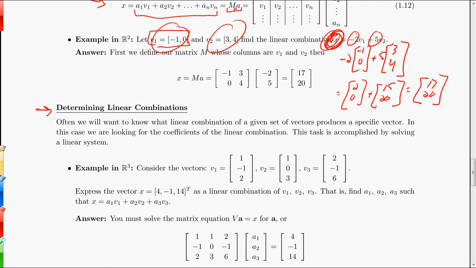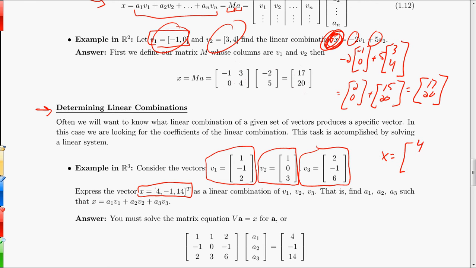So for example, consider the vectors V1, V2, and V3. Express this vector X, and I'll write it over here in column form: 4, -1, 14. Express this vector as a linear combination of these vectors.